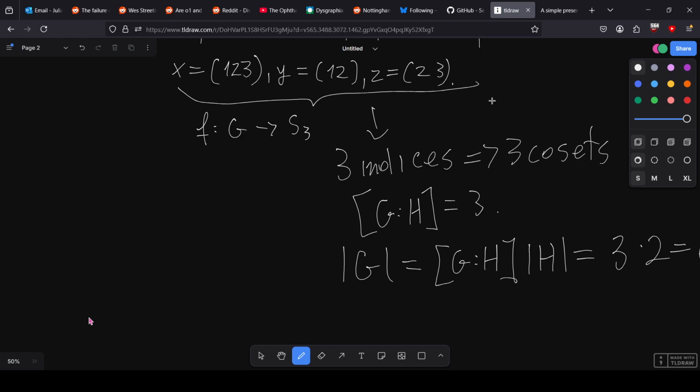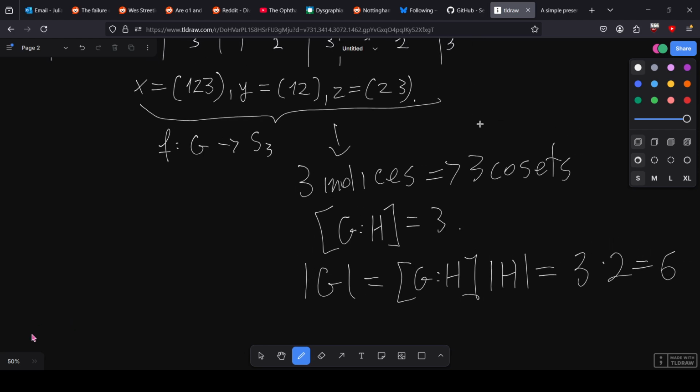Because the way this works is that S3, in this case, what we're trying to do is determine a symmetric group which acts on the cosets of H in G. But G itself also acts like this. We have a natural action of G on the cosets, which is via right multiplication or left multiplication, whichever one you like more.